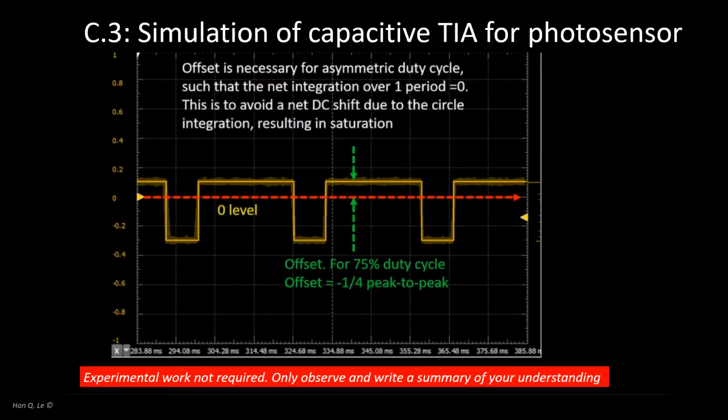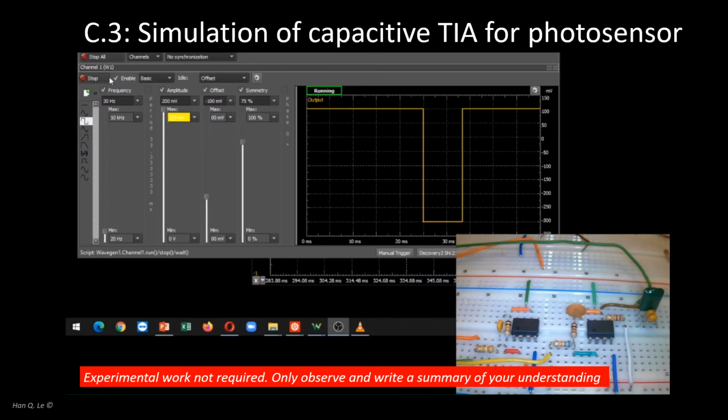The input signal is formatted for 75% duty cycle, with an offset such that the net integration is 0. Frequency is 30 frames per second, starting amplitude 200 mV.